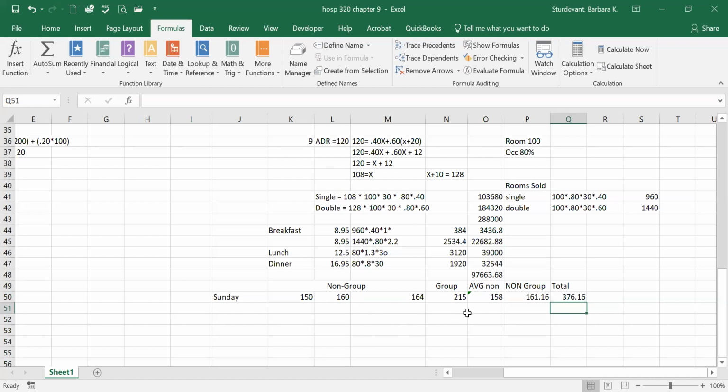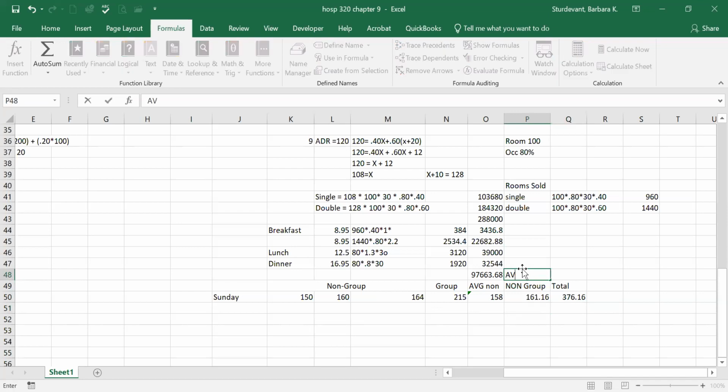Okay? So when you're doing the average, only the non-group, then it says bump it up 2%, 1.02. That is your new number. Let me just stick this in here.